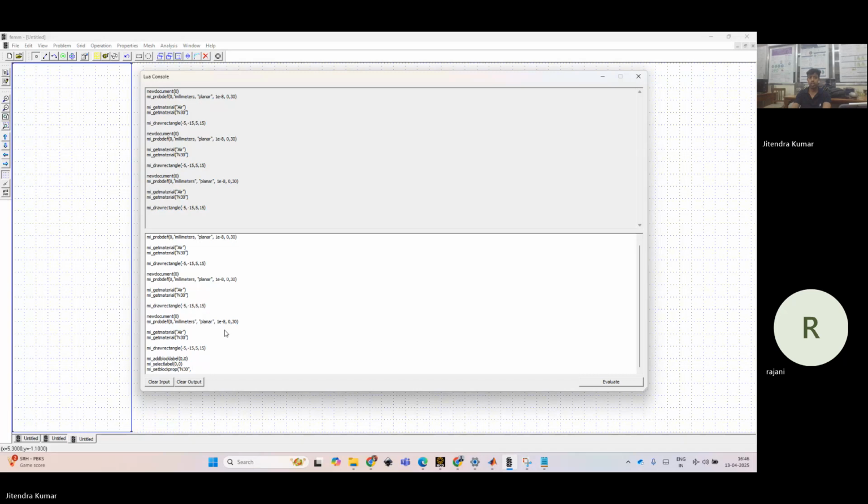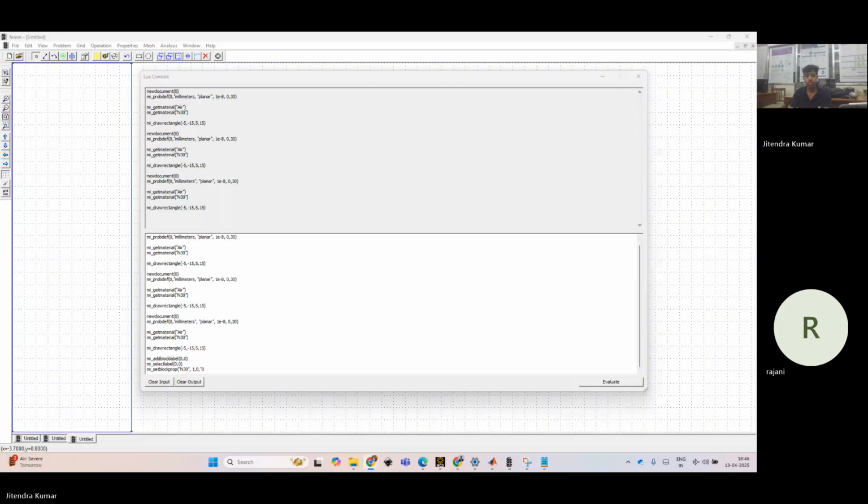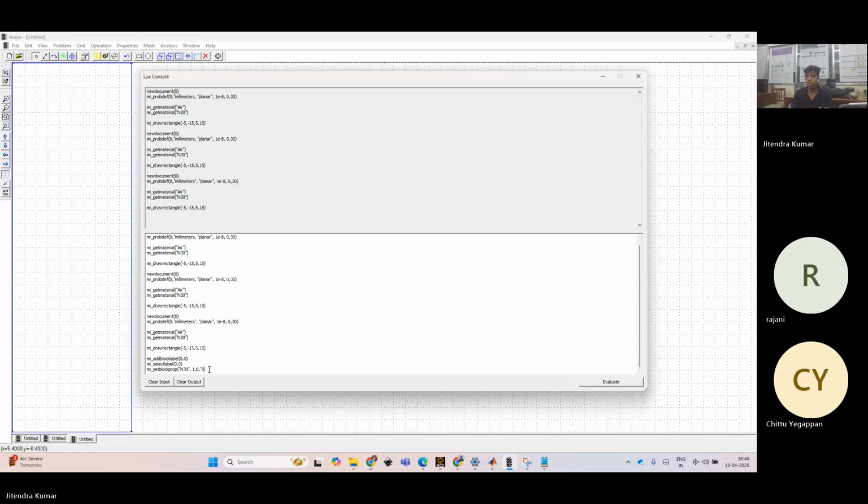Then one option is to automate the mesh sizing.